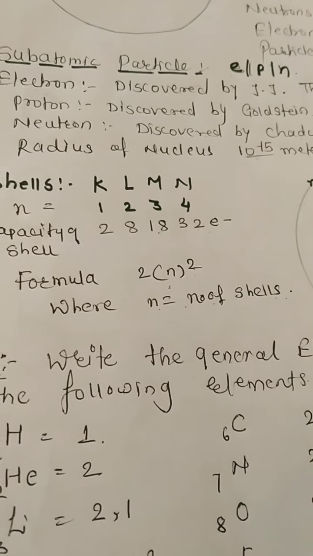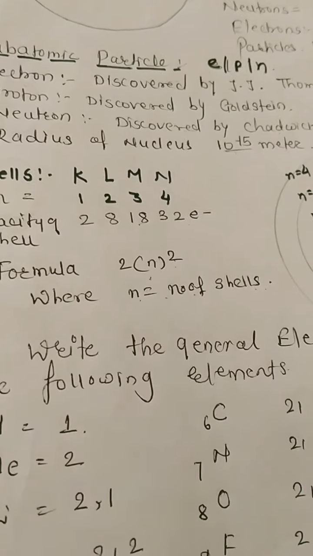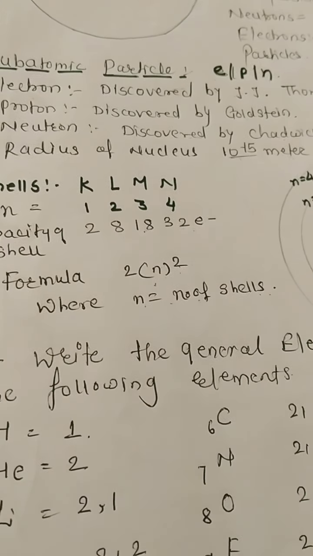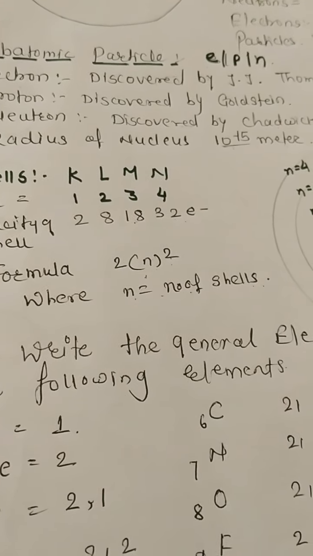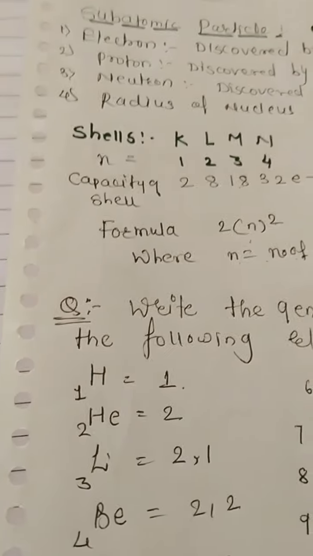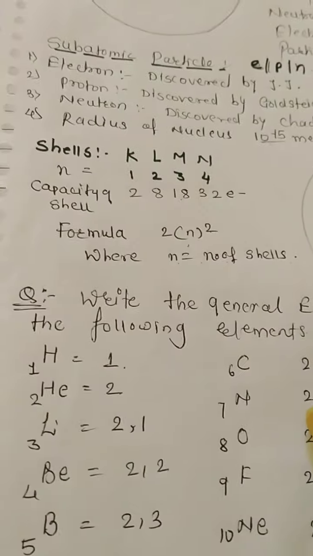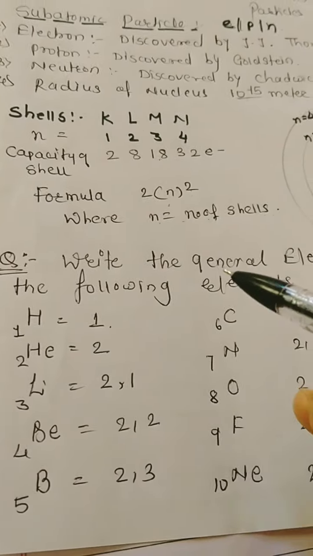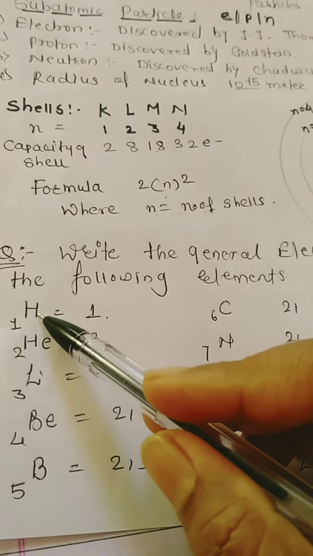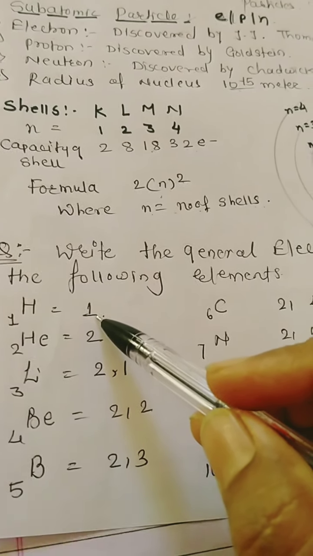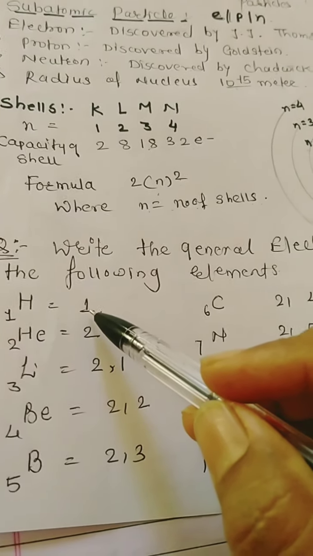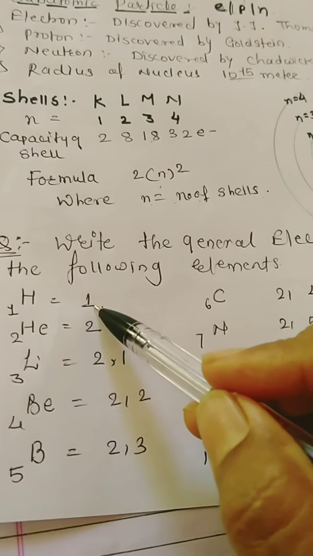Okay, now we have to write the general electronic configuration. How the electrons are distributed in the different shells. अभी electrons को अलग अलग shell के अंदर हम कैसे distribute कर सकते हैं ये हमें देखना है. It is very important. See, atomic number of hydrogen is 1. It means that number of protons in hydrogen is 1, as well as number of electrons in hydrogen is also equal to 1.